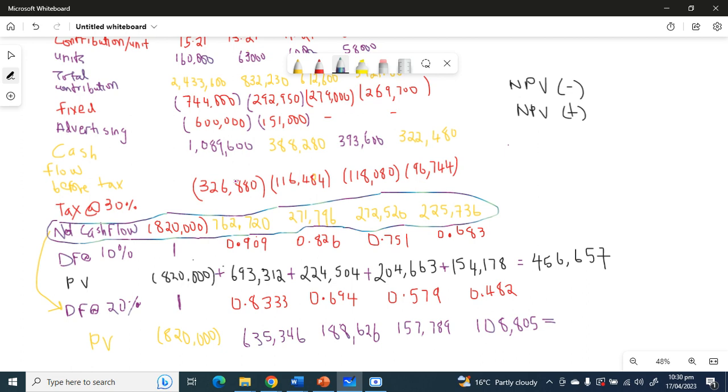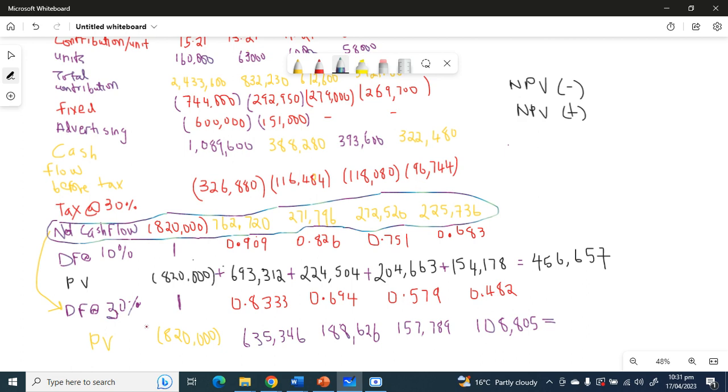So that I can estimate which discount factor I think can work. 275. I think we use 30%. So we change our discount factor to 30%.